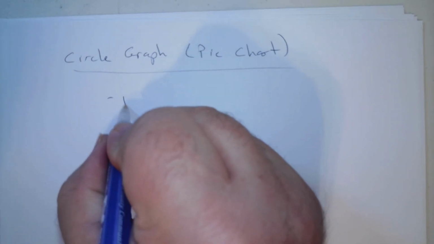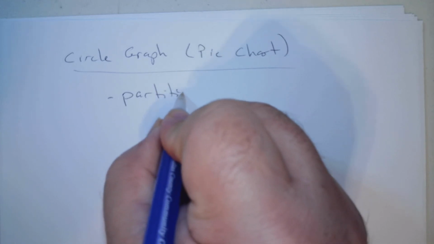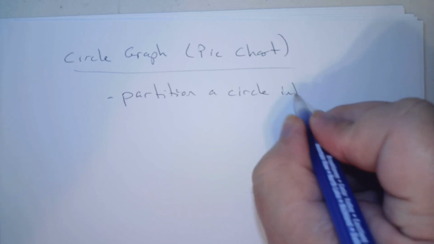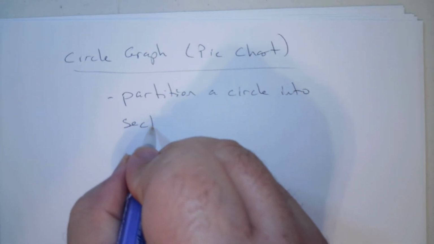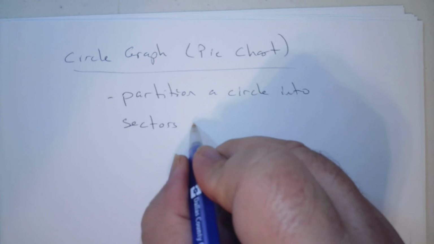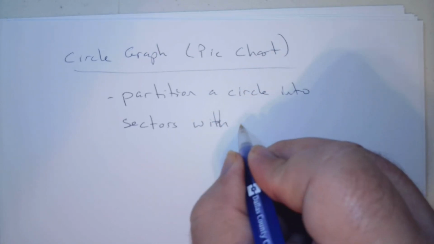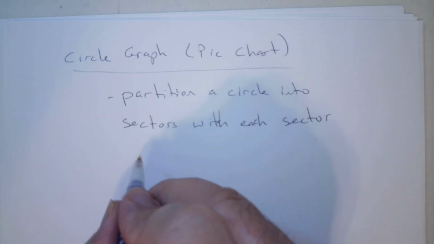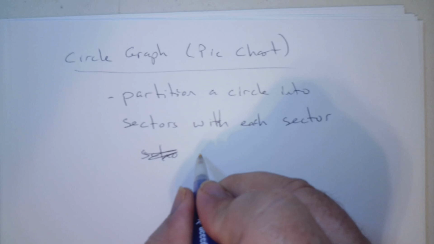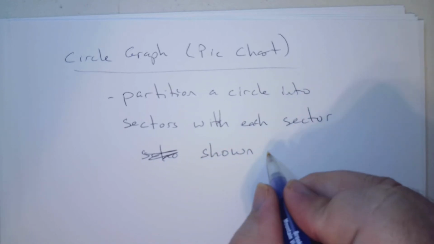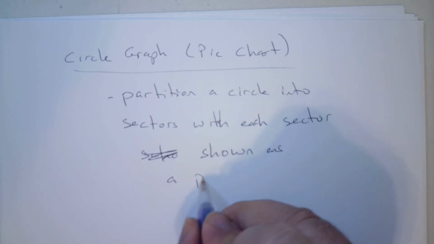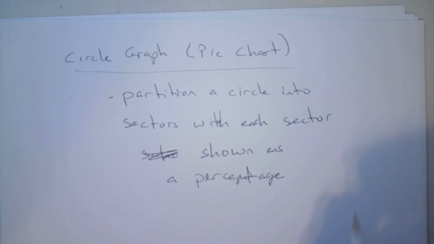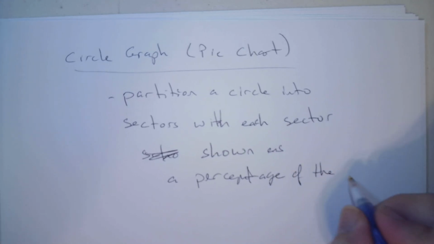This one is where you partition a circle into sectors or sections, with each sector shown as a percentage of the scale of the whole.